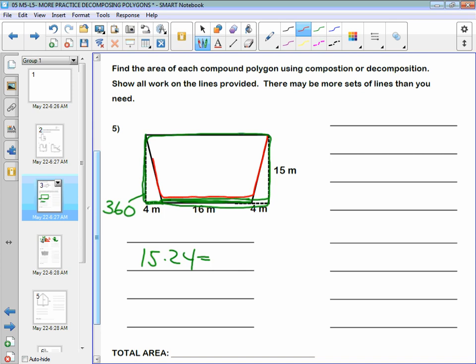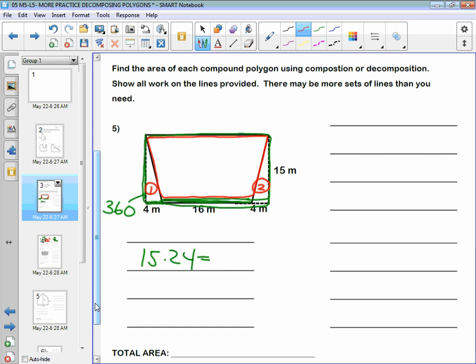So what do I have to do next? Peter. And then do what? Right, I have to find the area of each triangle and subtract it from my rectangle. I'll call this triangle 1, and I'll call this triangle 2. And the good news is they're small numbers, so we can do it in our head.